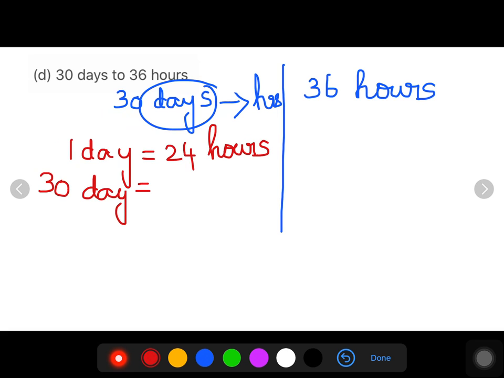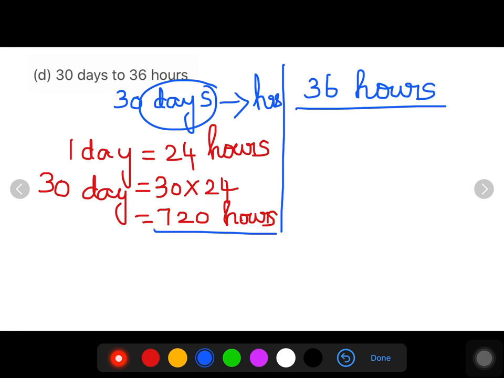Which means for 30 days you will multiply, so 30 into 24, which is equal to 720 hours. Now both the quantities are in terms of hours only, so now we can find the ratio.